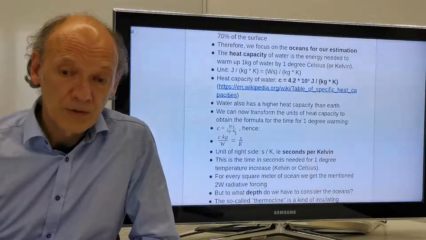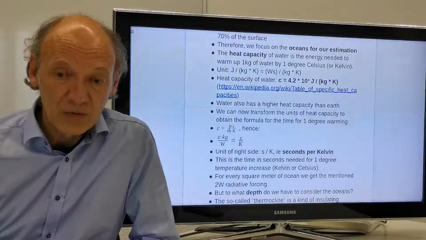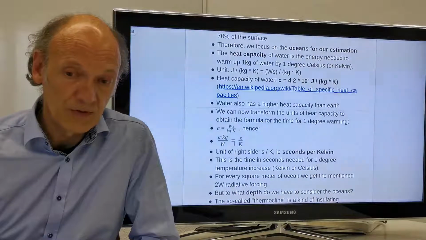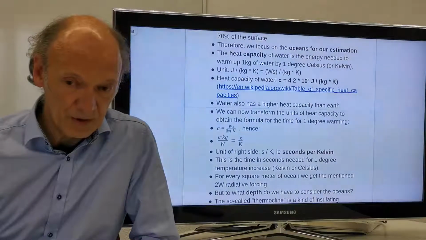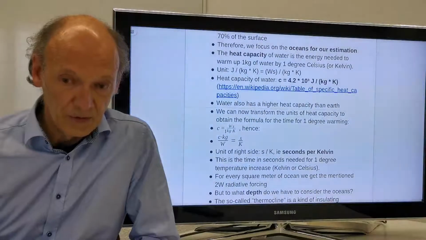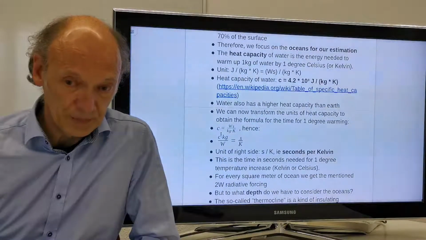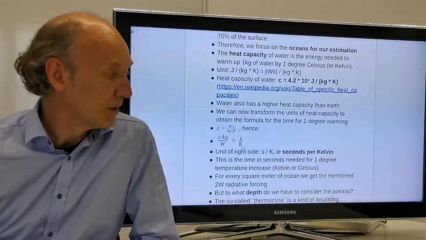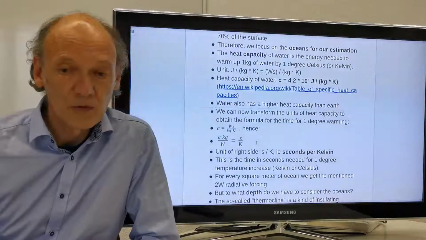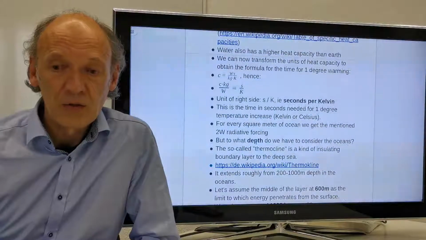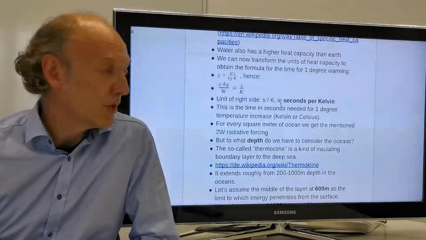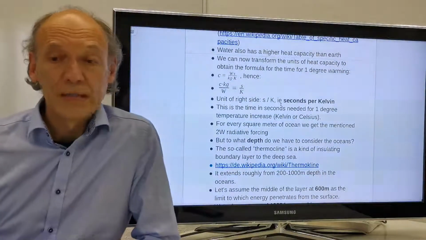Now we can just bring watt and kilogram to the other side to obtain second per Kelvin, which you can see here on the next line. I multiplied both sides with kilogram divided by watts, and this is the equation that we obtain. So now we know how to compute the number of seconds needed to warm up the ocean by 1 degree Kelvin or Celsius.